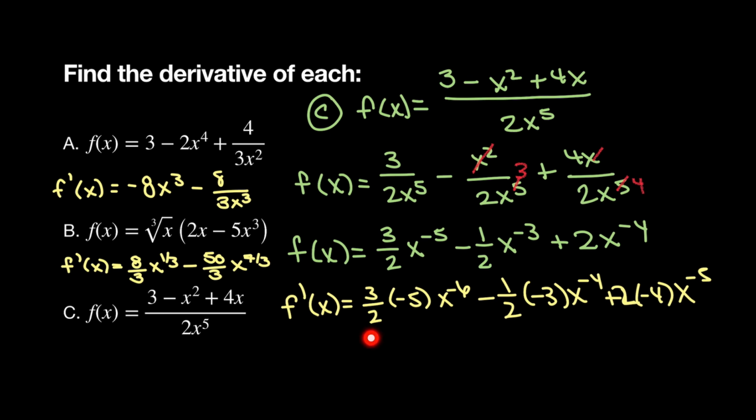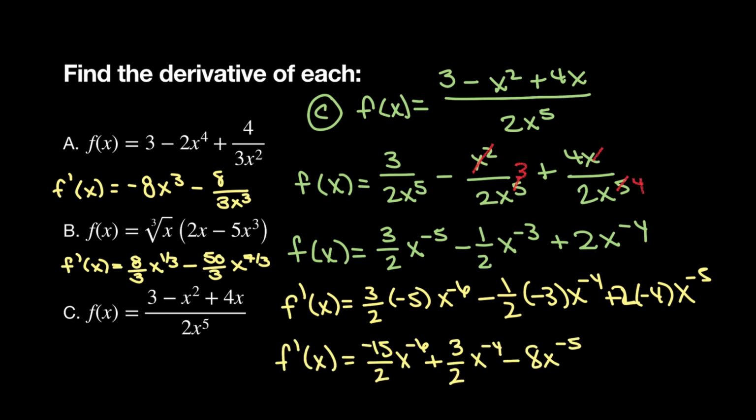So first term, 3 halves, bring down the negative 5, so negative 5, x to the negative 6. Then we have a minus 1/2, bring down the negative 3, x to the negative 4, plus 2, bring down the negative 4, x to the negative 5. So let's see, 3 halves times minus 5 is minus 15 halves, x to the negative 6.